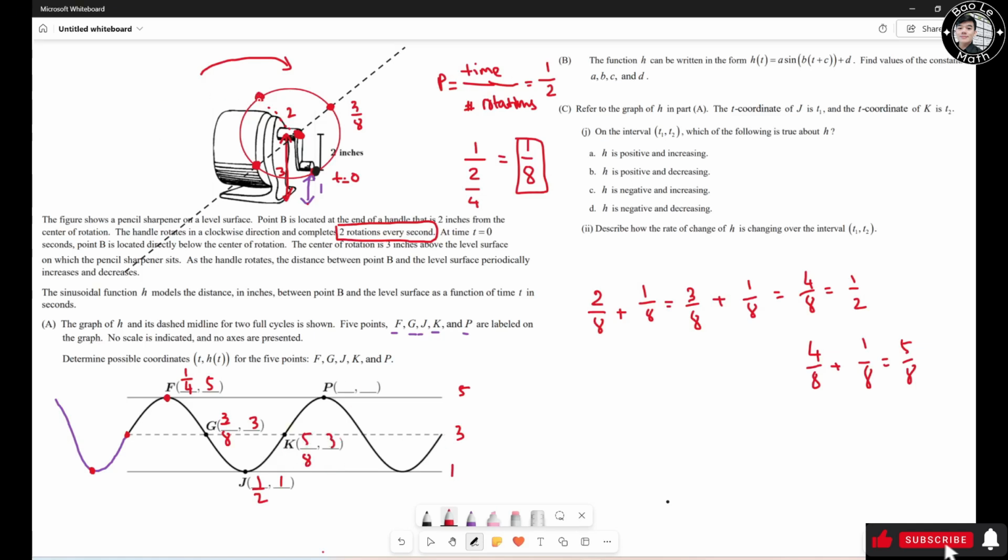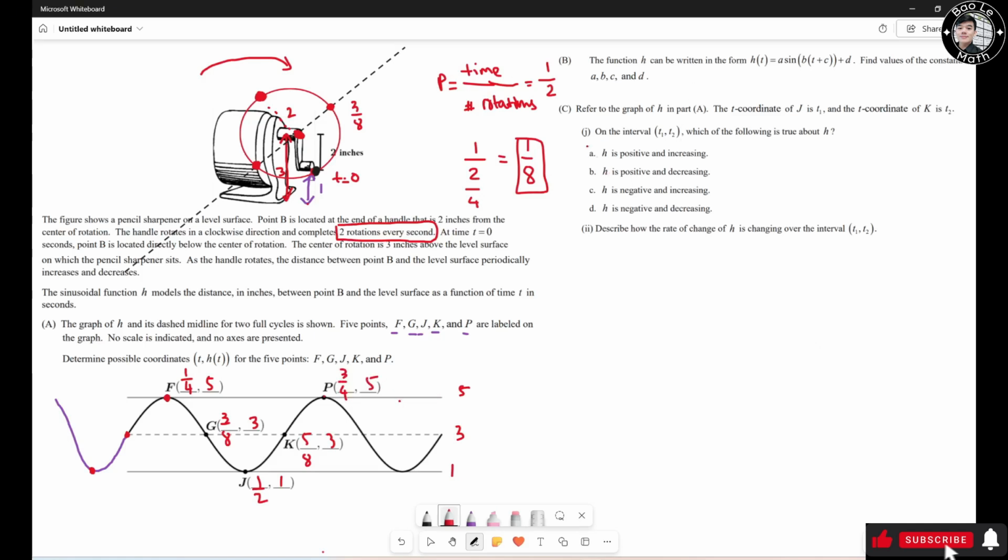Now when it goes back to the highest point, which is point P, I have 5/8, I keep adding 1/8, so it could be 6/8. I simplify, it could be 3/4. So I have 3/4 right here, and then the height should be 5.